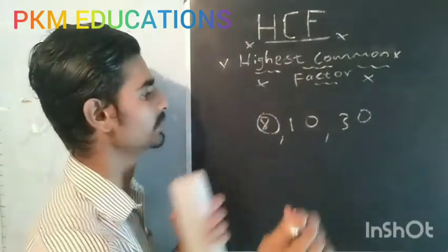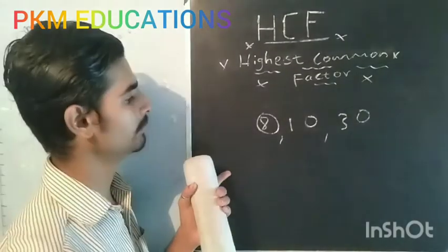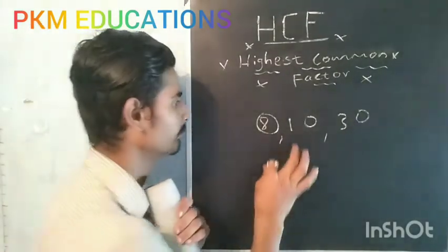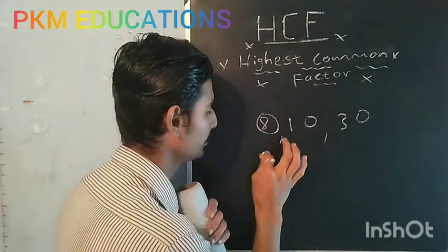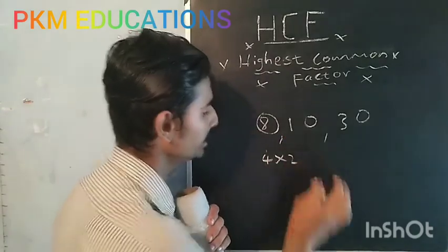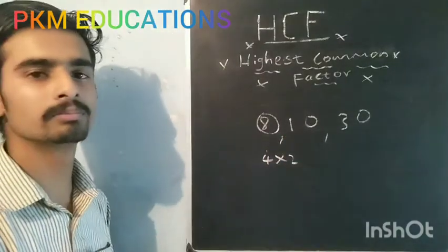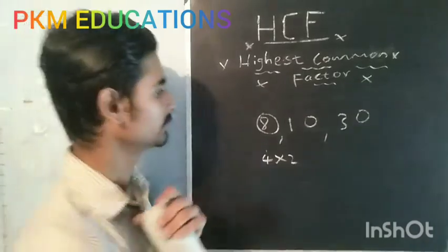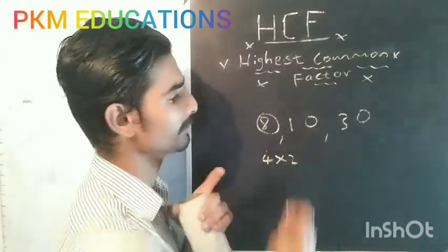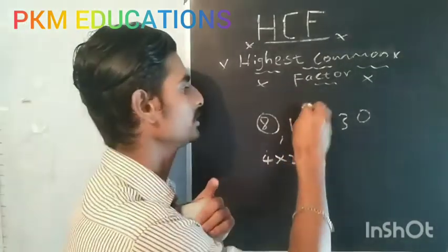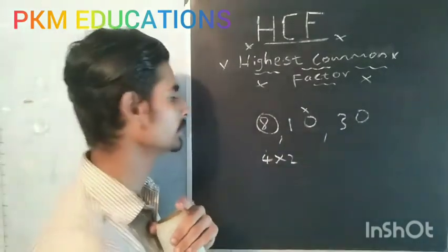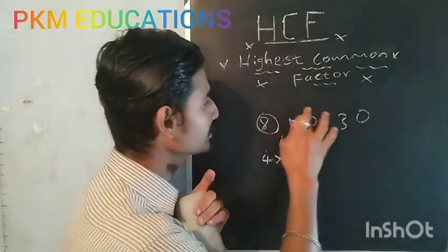First condition false. Then take the nearest factor. 4 into 2 is 8. Then check. 4 is not divisible in 10. Then the second condition is false. Then take the nearest value.